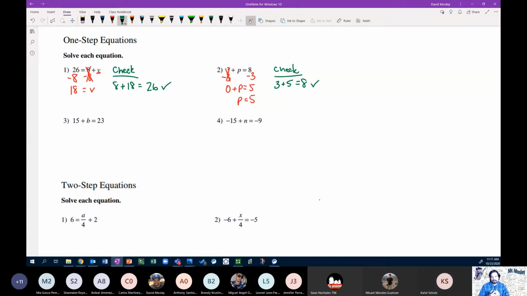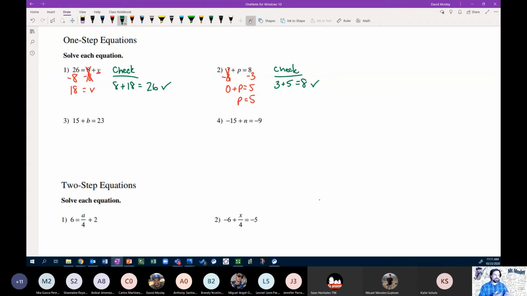And yeah, like Damien and Aaron, you say they're busting through these one-step equations because you can look at some of these and be like, oh well, to get to 23 from 15, I add 8, so b equals 8. There's not a whole lot of necessary mathematics, but we're building the habit of how to solve an equation.